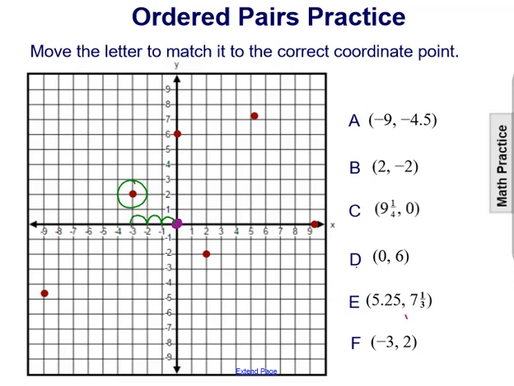So that means the first number of the ordered pair is negative 3. And then I would have to tell them to move up 2. So the second number is going to be a positive 2. So that ordered pair is (-3, 2), which is matching up with the point F. So we've located that point on the graph.